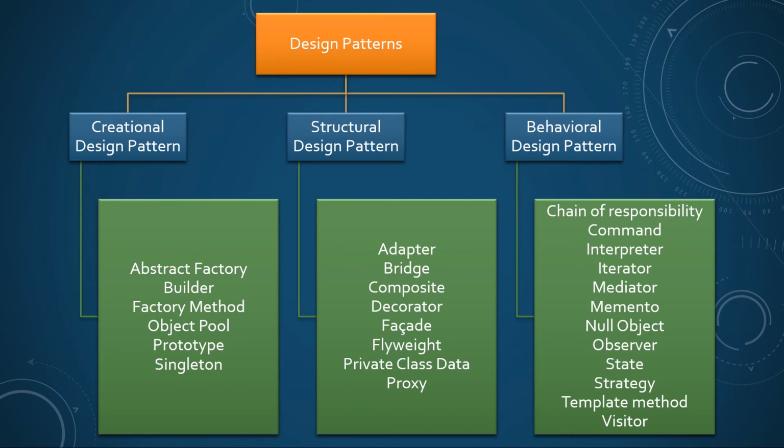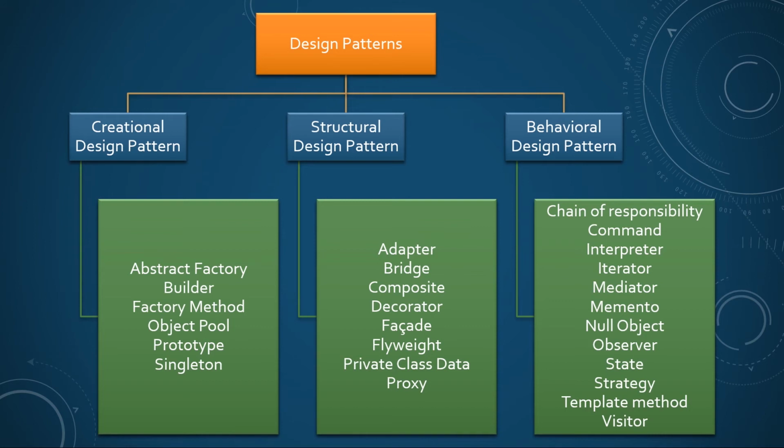The object pool avoids expensive acquisition and release of resources by recycling objects that are no longer in use. Prototype, a fully initialized instance to be copied or cloned. And Singleton, a class of which only a single instance can exist.